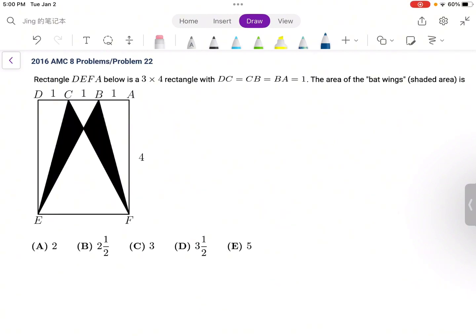Problem 22. To solve this problem, let's assume BE and CF cross at O. And then we draw a vertical line from B to EF.